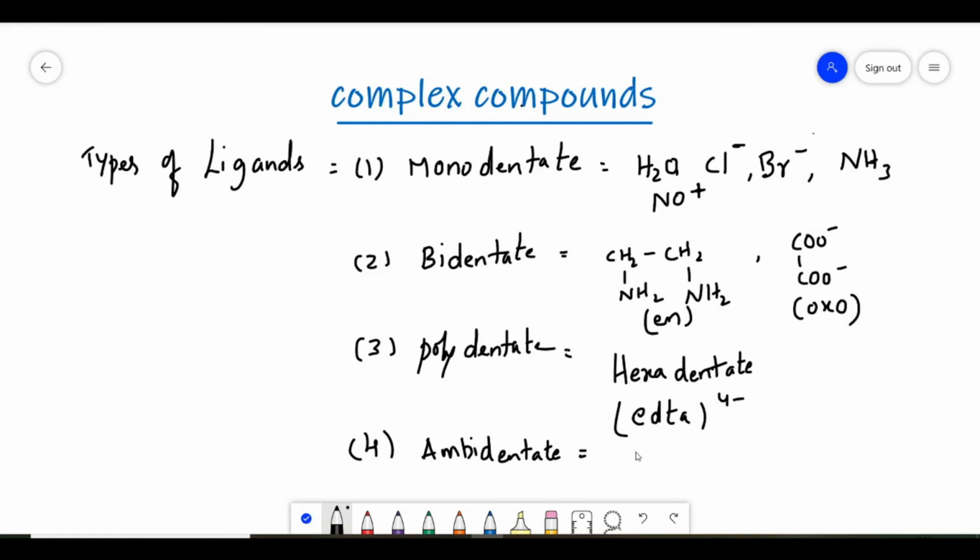For example CN minus, where the nitrogen is attached to the metal, and another one is NC minus, where the carbon is attached to the metal. You can also take NO2 or ONO. These are some examples of ambidentate ligands. So these are all the different types of ligands.